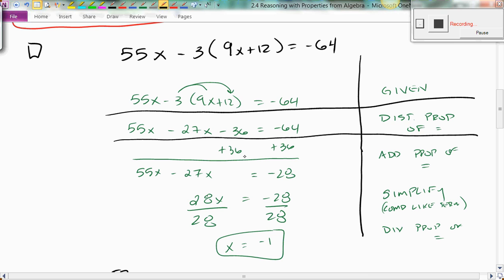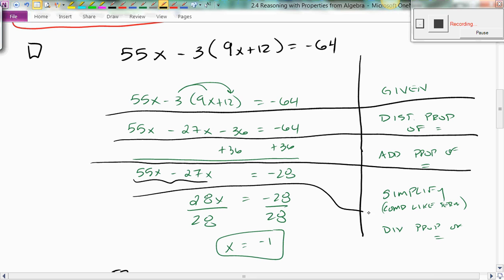Then we added 36 to both sides, so we got to here by saying the addition property of equality. Then, of course, we just simplified 5x and negative 27x, so we wrote down that we simplified that. And then we used division and said the division property of equality. So the statements on the right-hand side justify everything on the left-hand side.